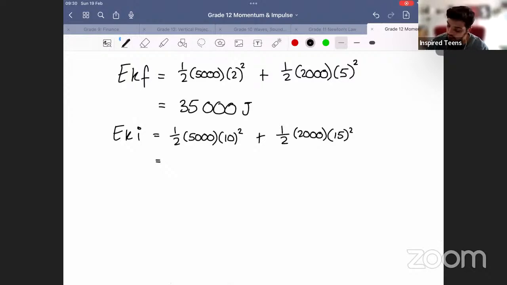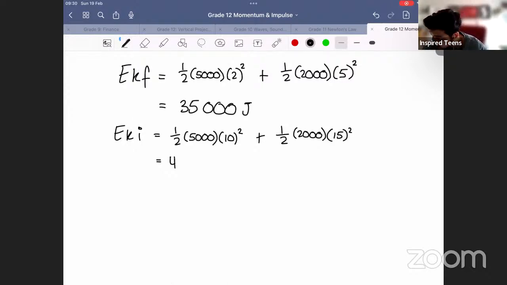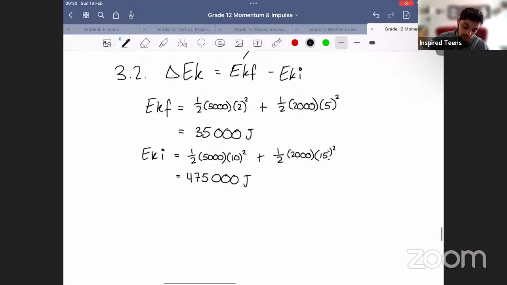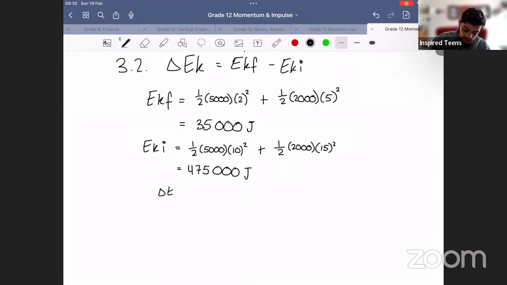Okay, when I do this calculation, I get 475,000 joules. Okay, so delta EK is equal to EK final minus EK initial, which is 475,000 minus 35,000.